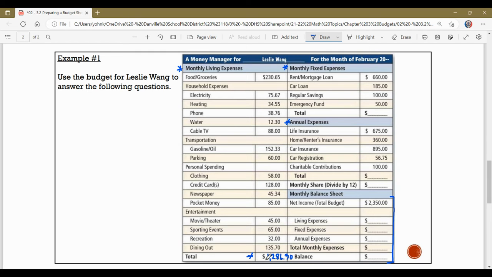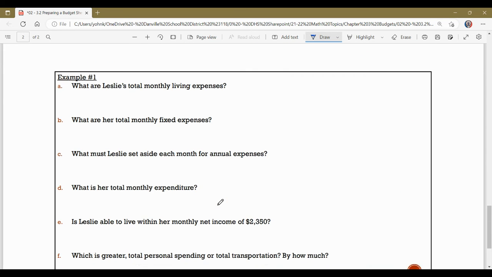I'm going to put this number also under monthly living expenses. All right, so our monthly living expenses are $1,286.30.